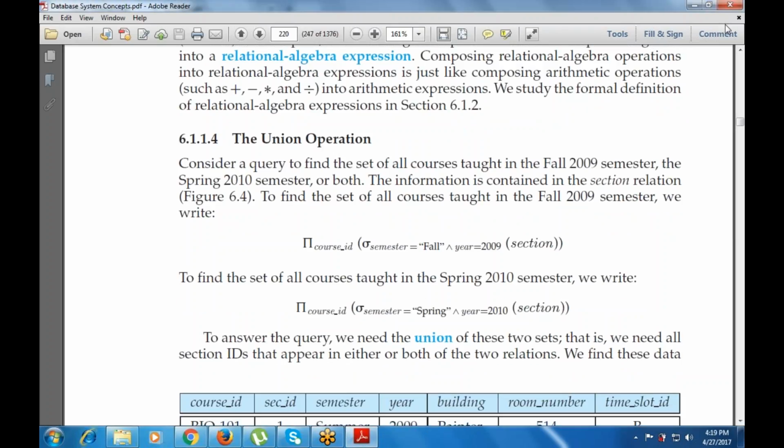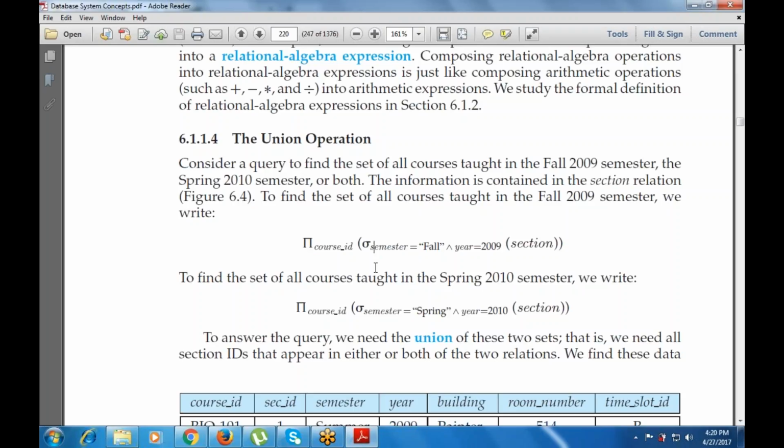So consider a query to find the set of all the courses taught in the fall 2009 semester, spring 2010 semester, or both. The information is contained in the section relation. To find the set of all the courses taught in the fall 2009 semester, we should write pi course ID.